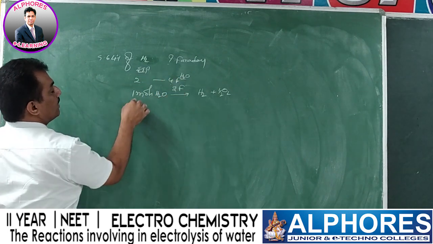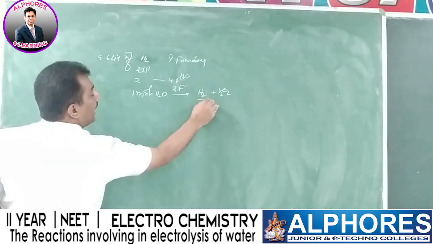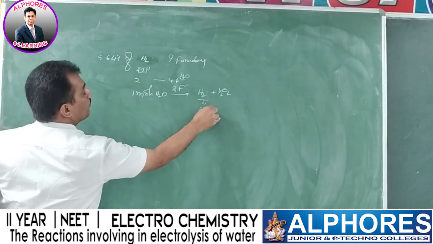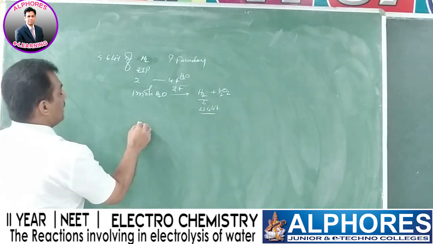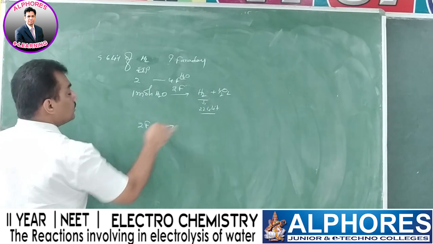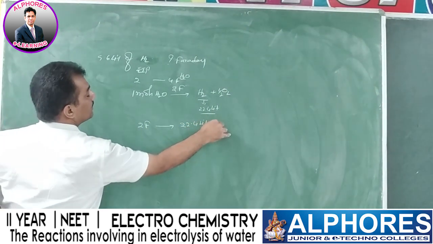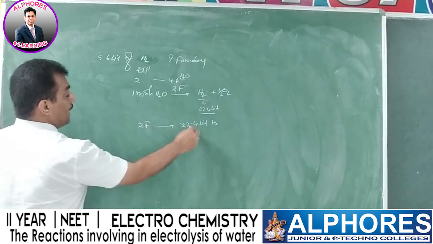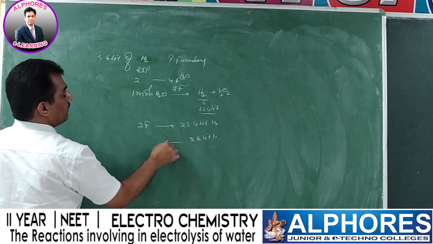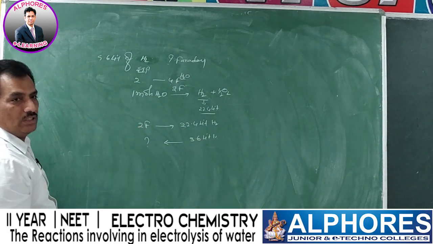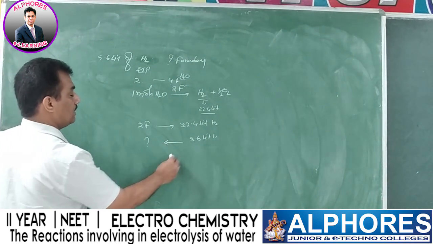Is it not? And now when 2 Faradays of current is used to get 22.4 liters of hydrogen at STP, to get 5.6 liters of hydrogen, how many Faradays do we have to use? I think you can solve this. It is nothing but 2 by 22.4 into 5.6. You will get the answer. Like that they will ask.